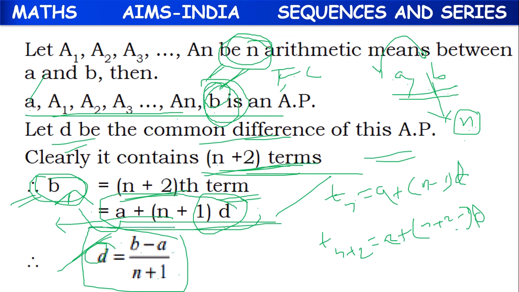This is the direct formula to find the common difference when the first term, the last term, and the number of arithmetic means are given.